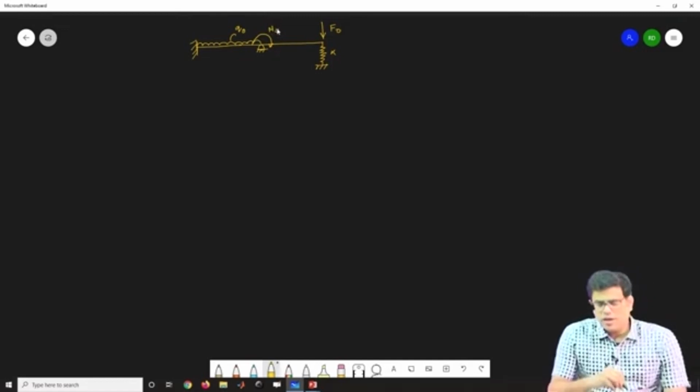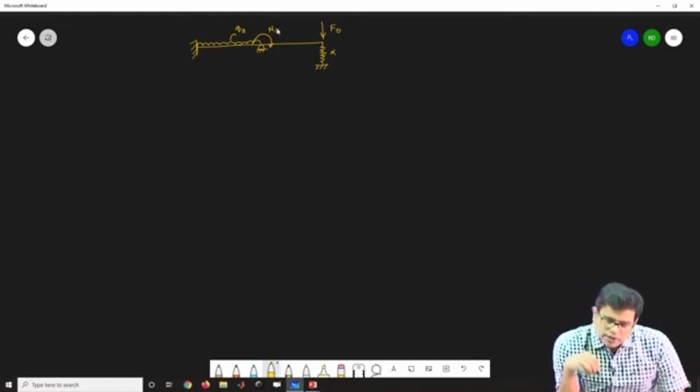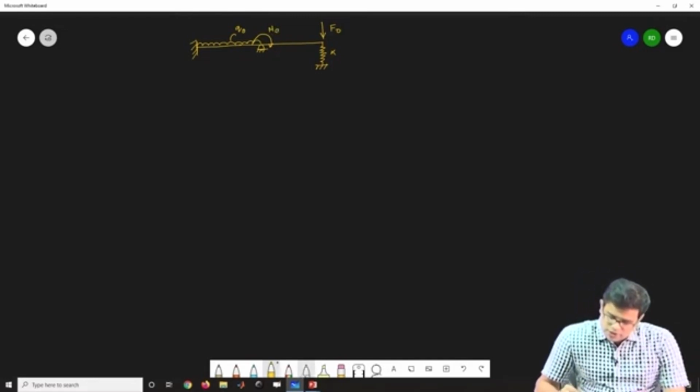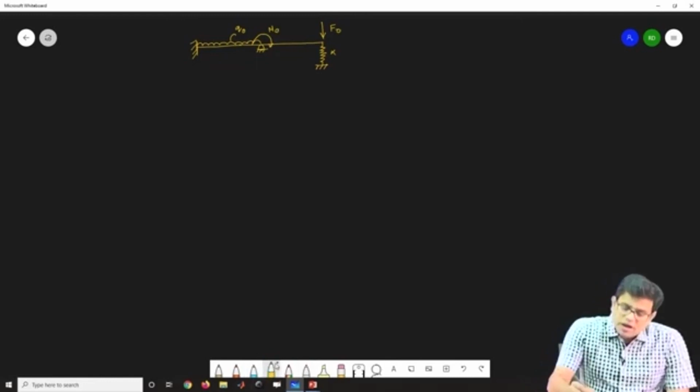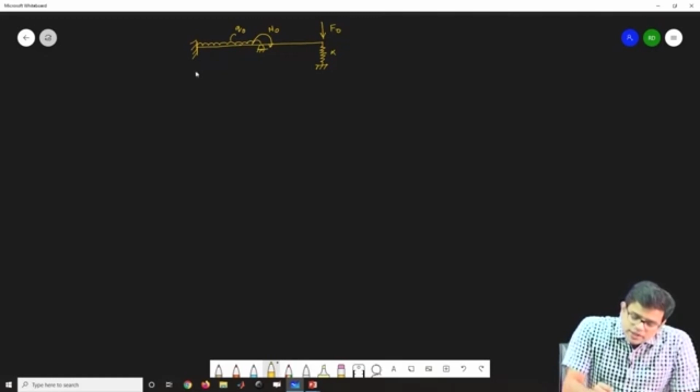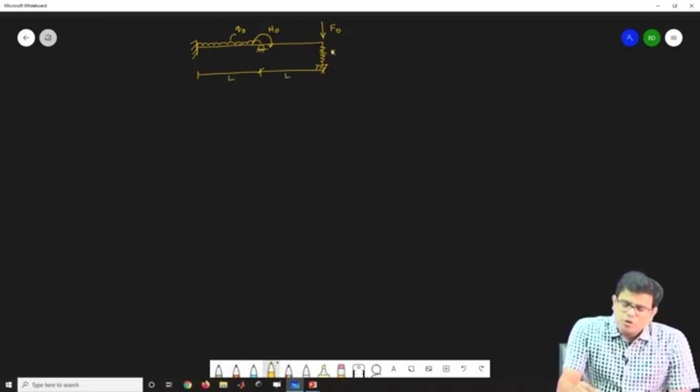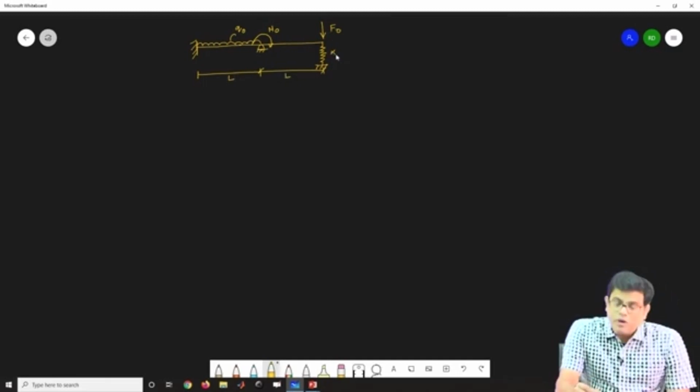Now, if you want to find the deflection of this structure, how will you proceed? Let us consider this length to be L, and this is also length L. I discussed one such problem while doing the bar problem.